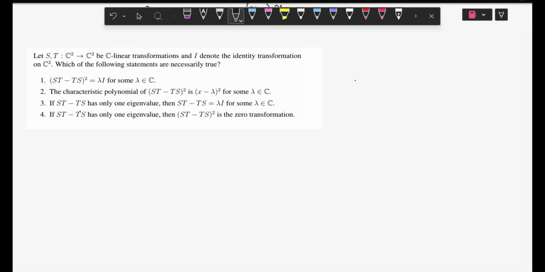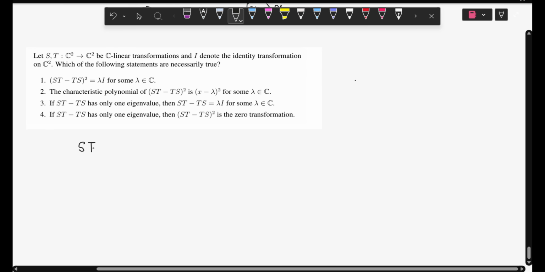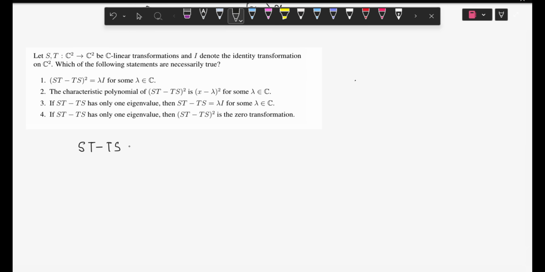First of all, I am just considering the matrix of this linear transformation ST minus TS as A. So A is the matrix representation of ST minus TS. Now as S and T both are linear transformations from C2 to C2, A is a 2 by 2 order matrix.